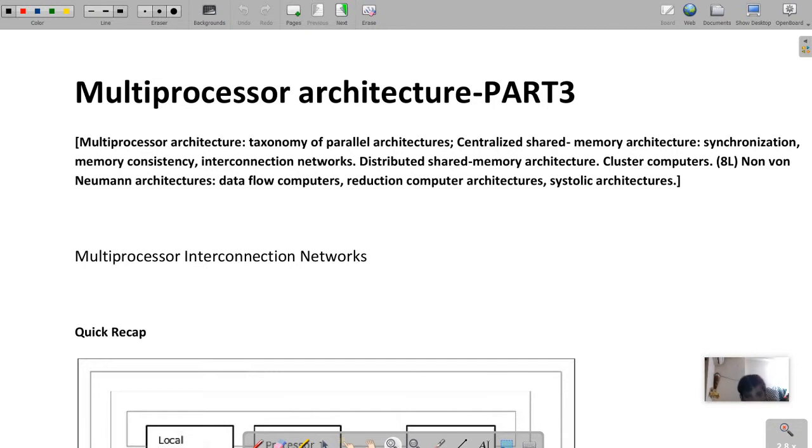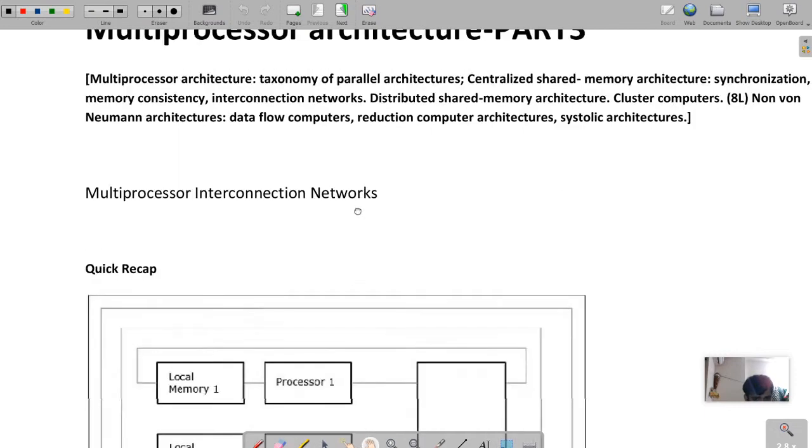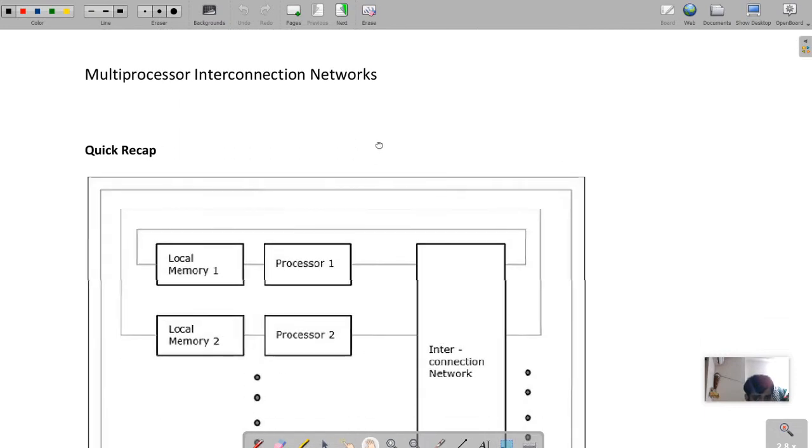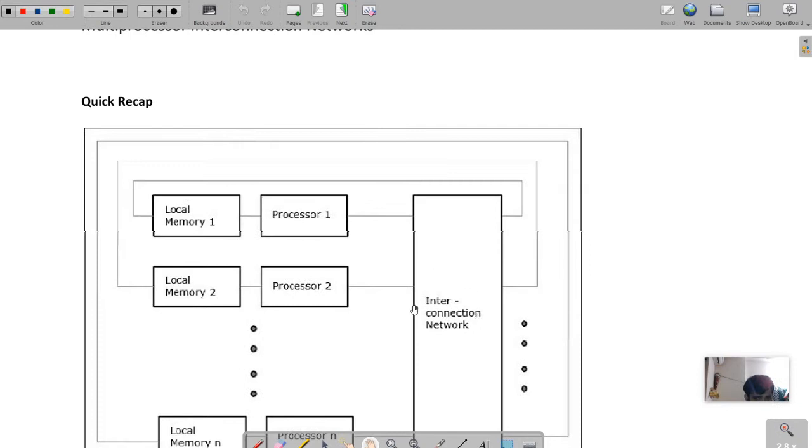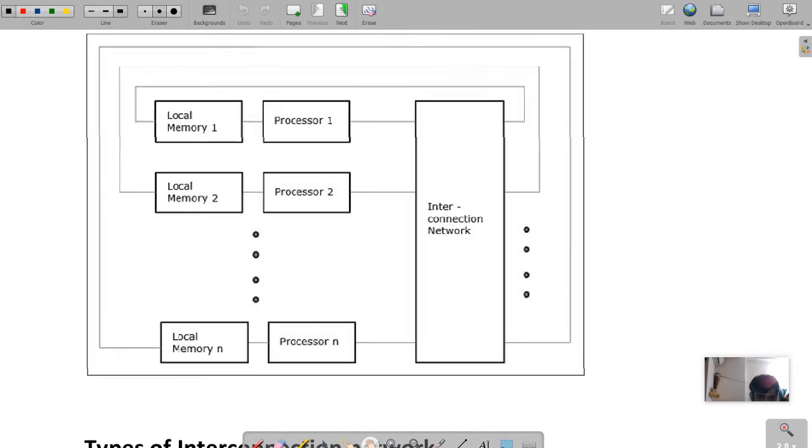Now, at the heart of the multiprocessor architecture, as you may have noticed, is the interconnection network, if you can remember. So, just as a quick recap, this is the general structure of a multiprocessor architecture where you have n number of processors in your CPU.